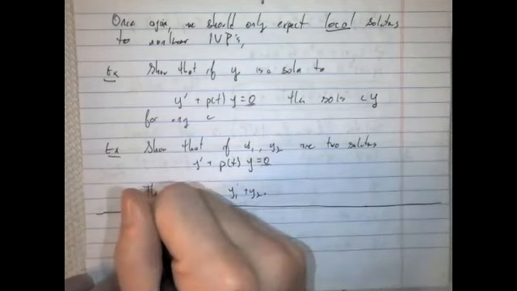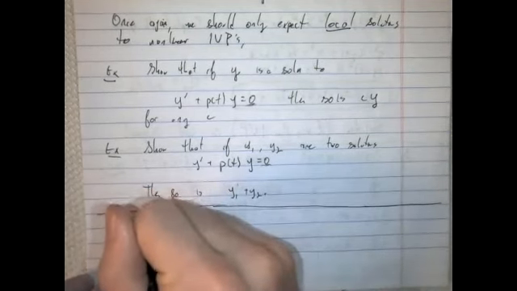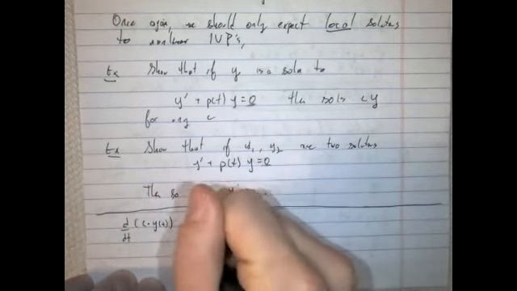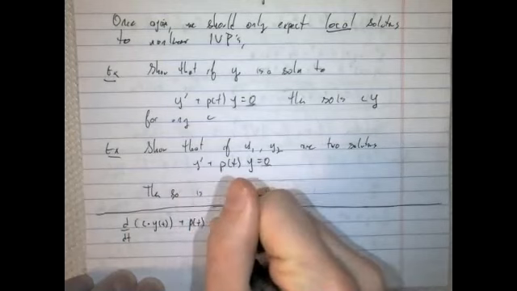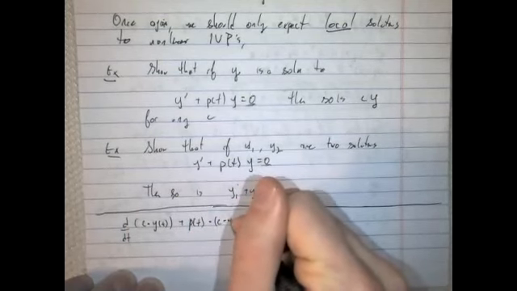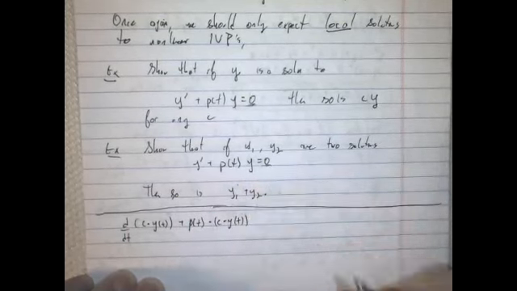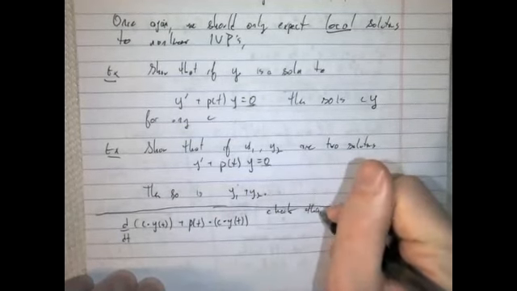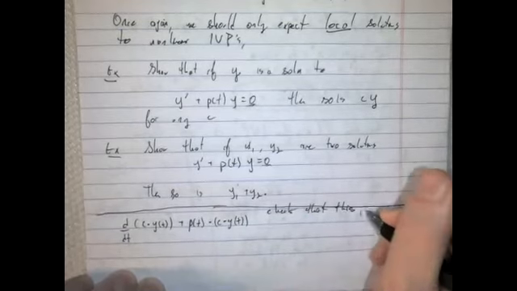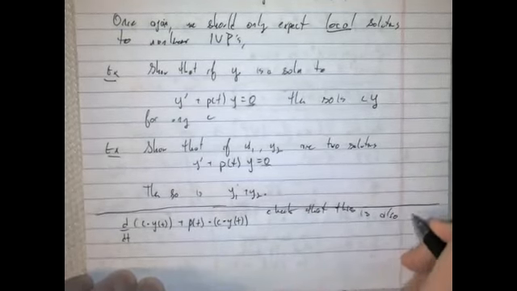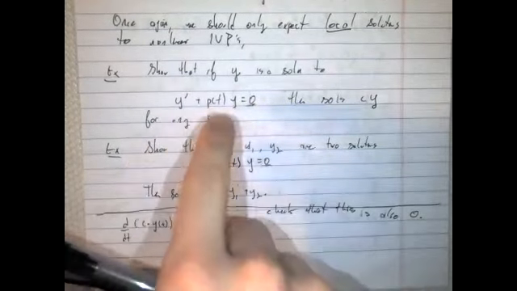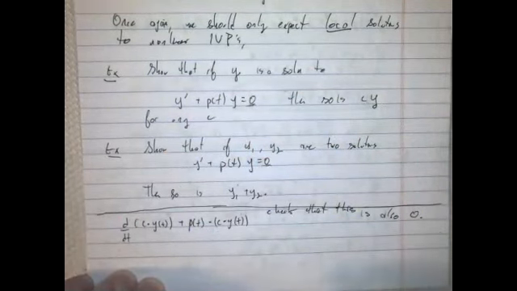Well, we need to check d over dt of c times y of t plus p of t times c times y of t is also 0. Right? That's what it means to solve this differential equation. It's some function that when you plug it in for y, works.